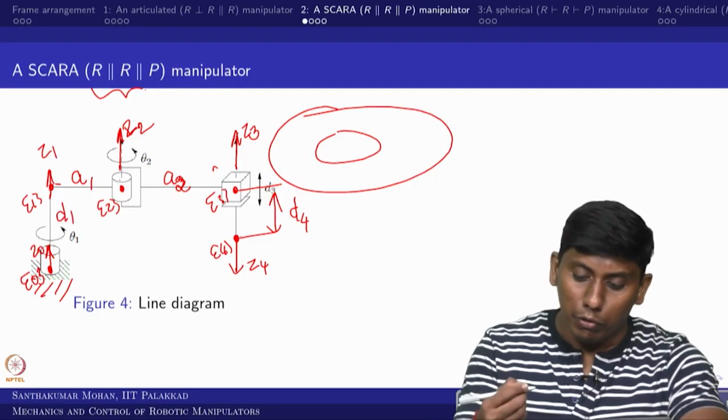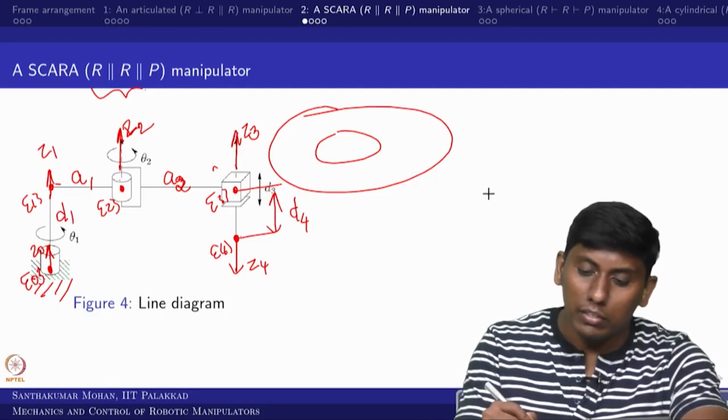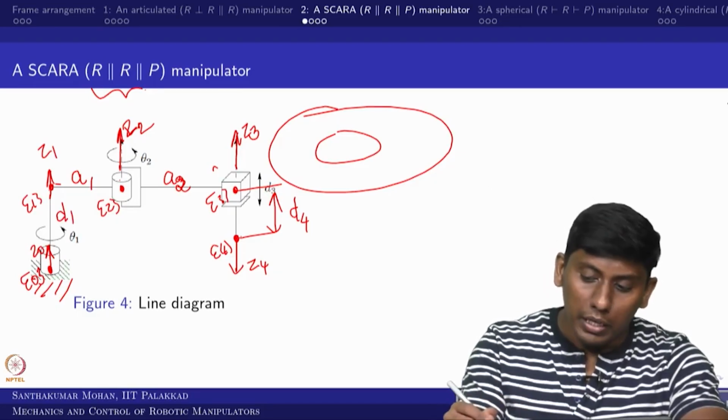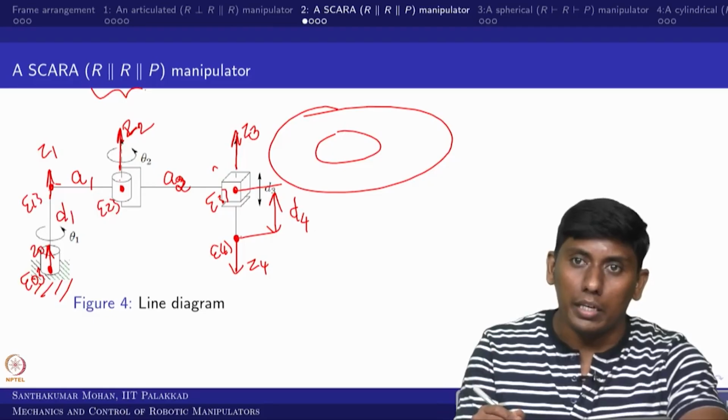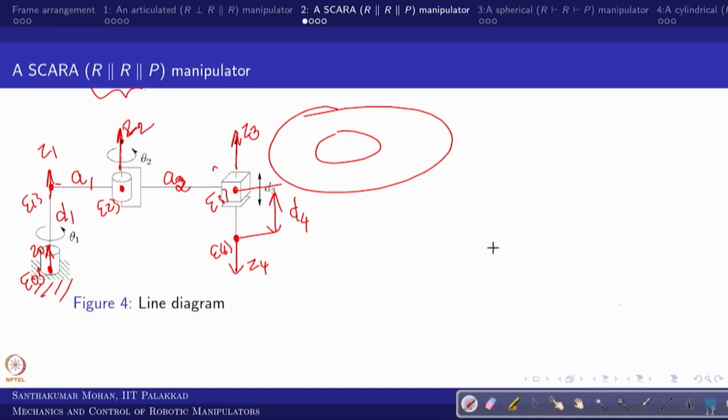For your benefit I am drawing this diagram here, for your convenience. I started this as 0, this as 1, this as 2, this as 3 and this as 4.